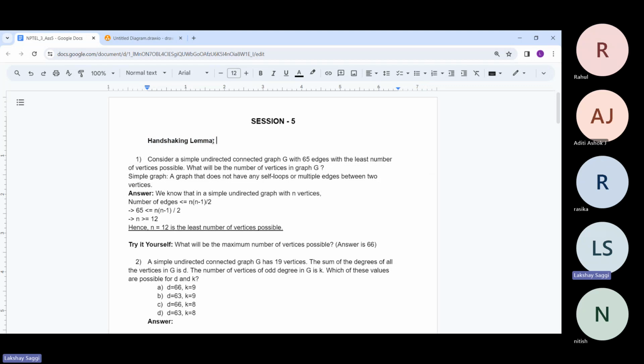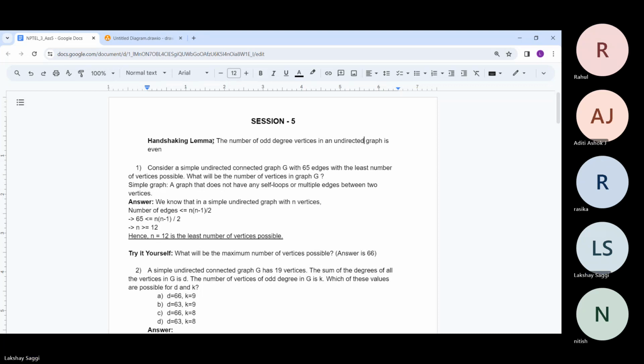It says that the number of odd degree vertices in an undirected graph is even. So the handshake lemma says nothing but that the number of odd degree vertices in an undirected graph should be even.